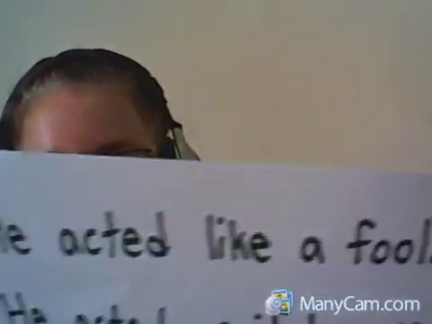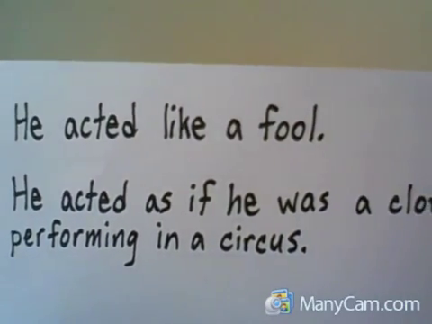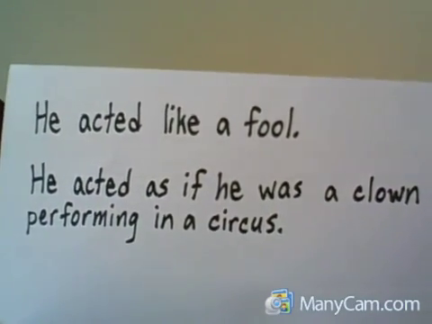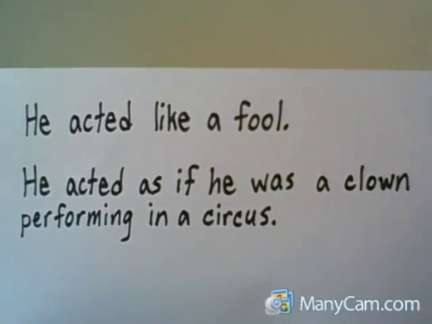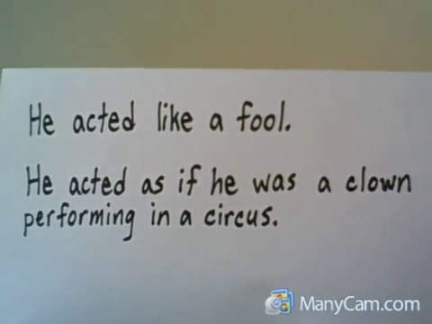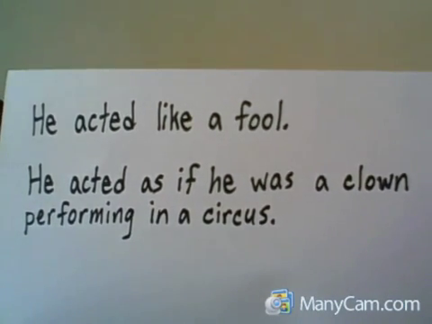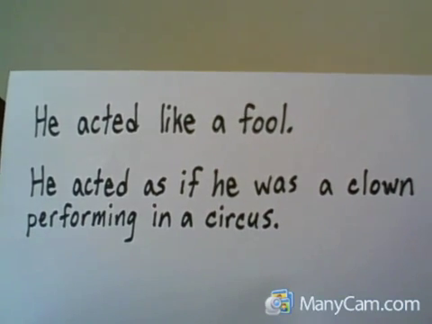Okay, let's look at another example of how you can use these correctly. Here we go. He acted like a fool. Notice again, the words following "like," I have a noun there, a fool.